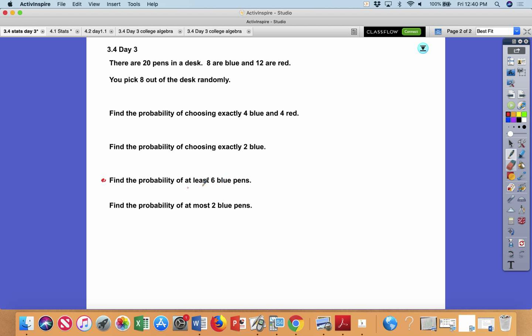So that's really what we're looking at here. And then let's talk about how to find that, okay? So 6 blue and 2 red, or 7 blue and 1 red, or 8 blue.